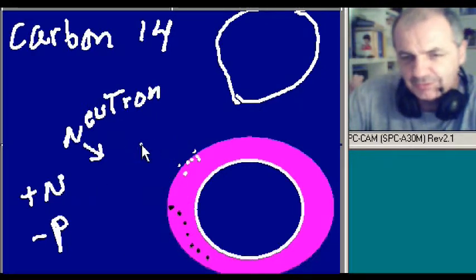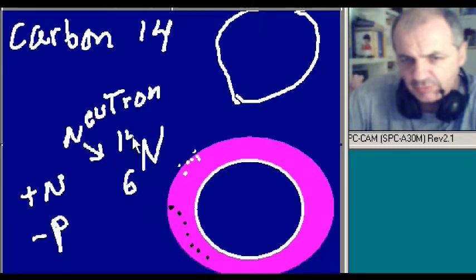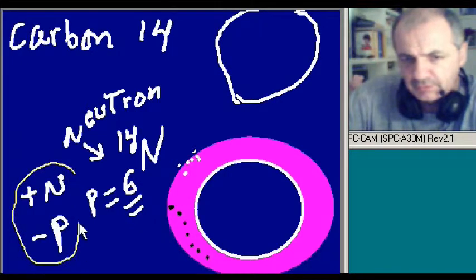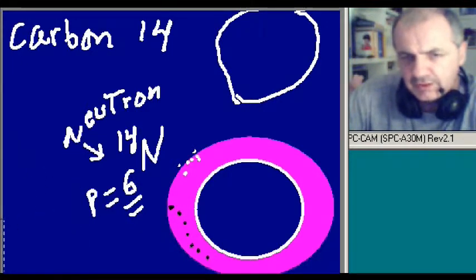He's no longer a nitrogen with 7 protons and a mass of 14. He's now an element with 6 protons with a mass of 14. But wait a minute. If this element has 6 protons, then this guy is no longer a nitrogen.